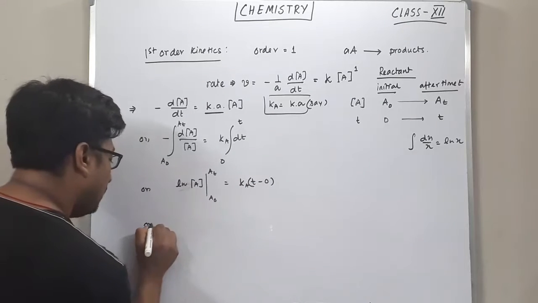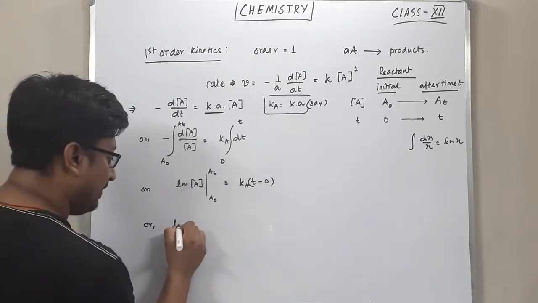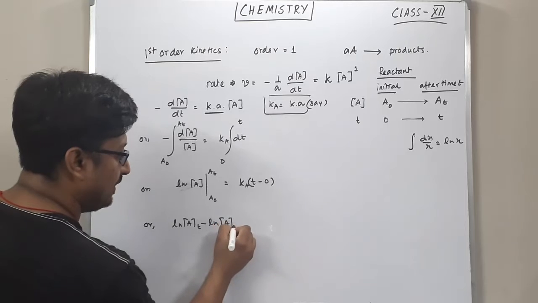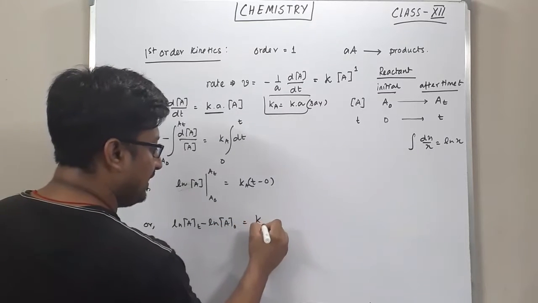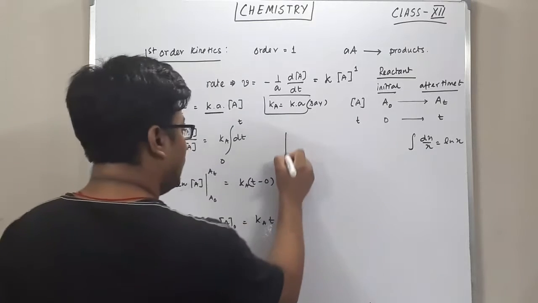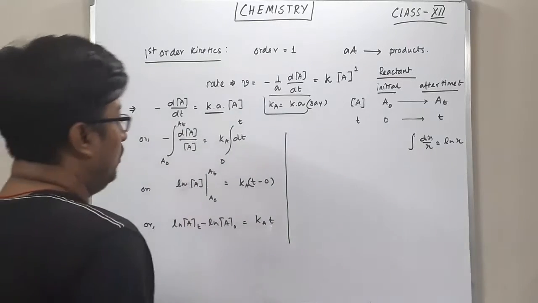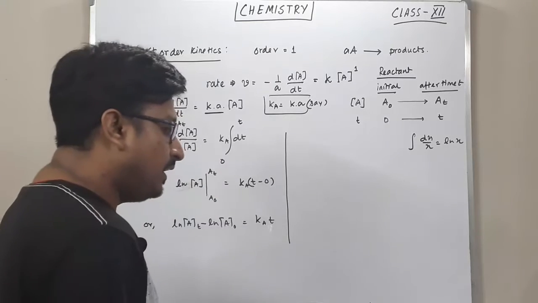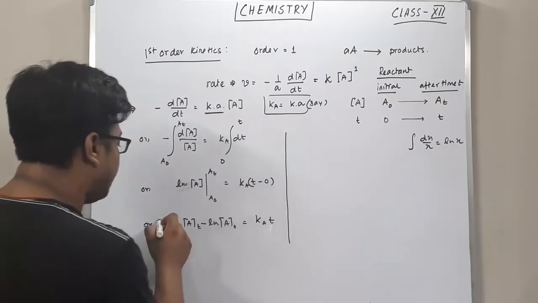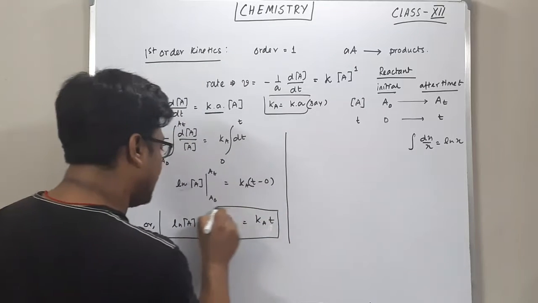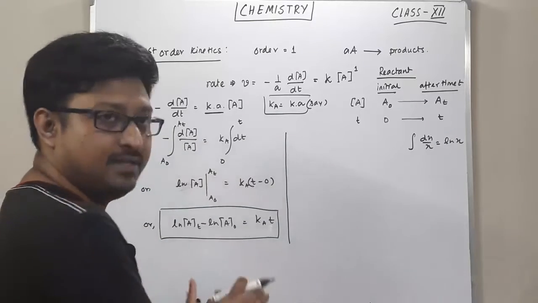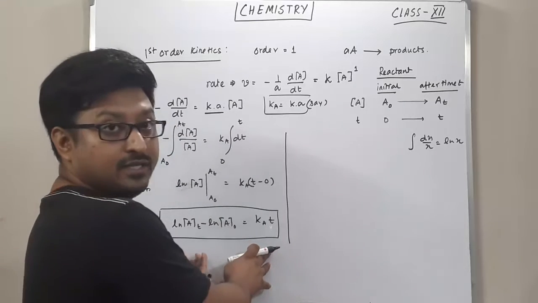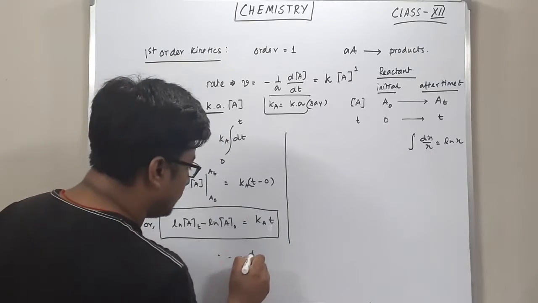Or we can write ln At minus ln A0 is equal to k t. This is one form of the equation. Let me keep this as equation number 1, and I will modify it a little.